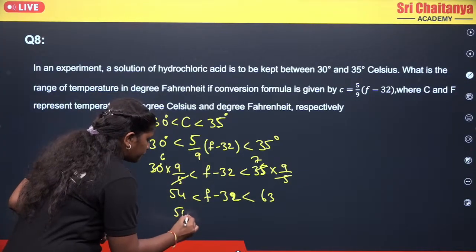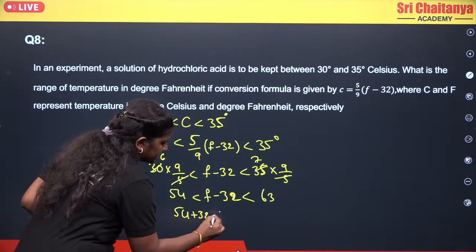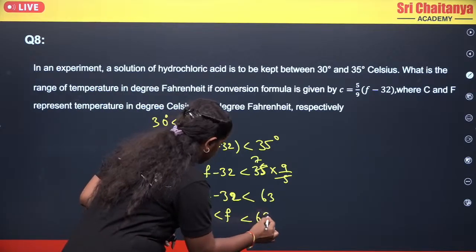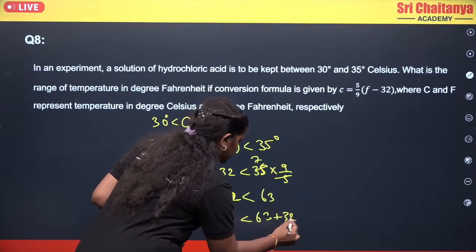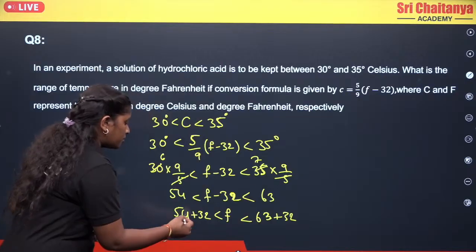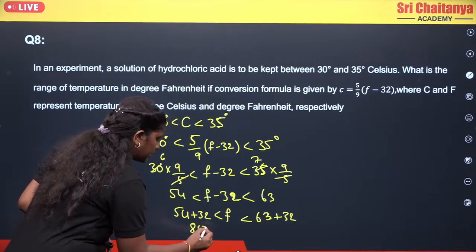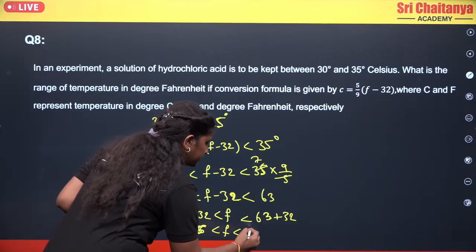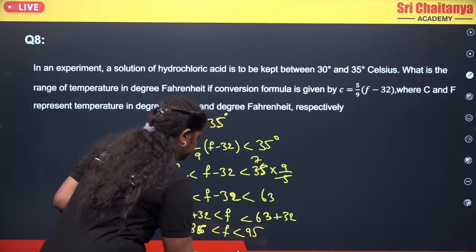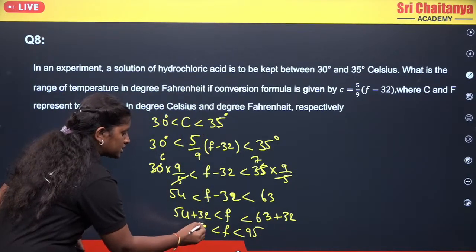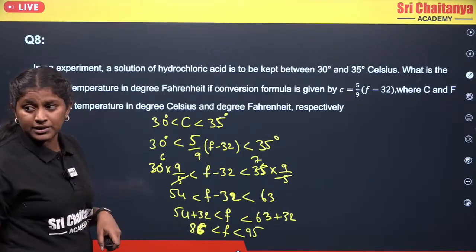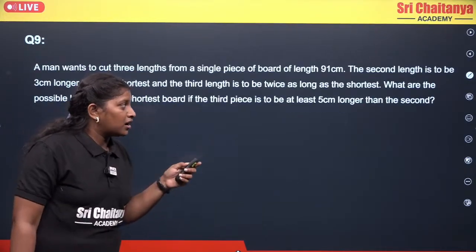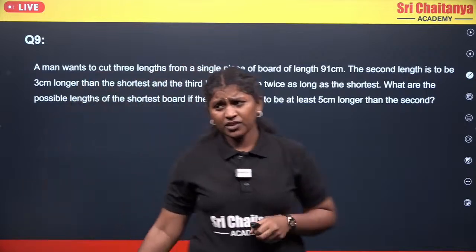So that becomes 54 plus 32 less than F, less than 63 plus 32. Now it becomes 86 less than F less than 95. This is how we get the intervals if they give the relation between two inequalities.